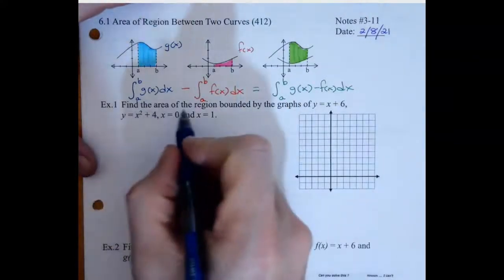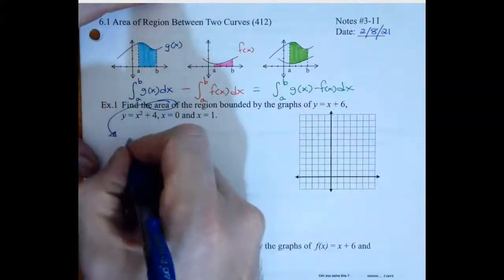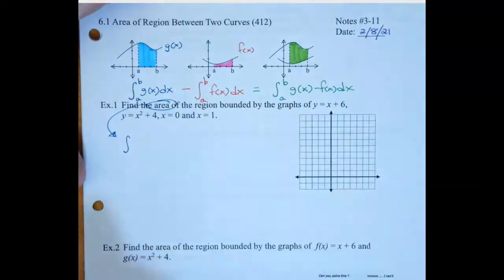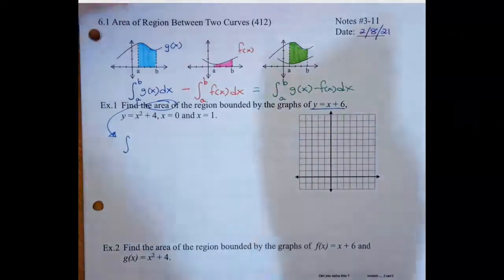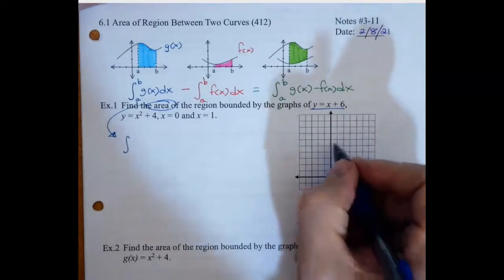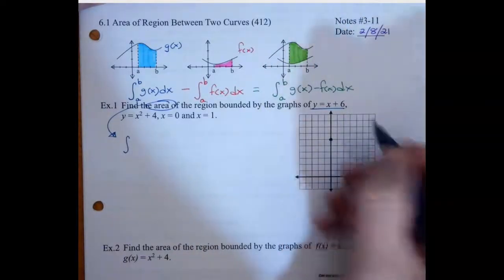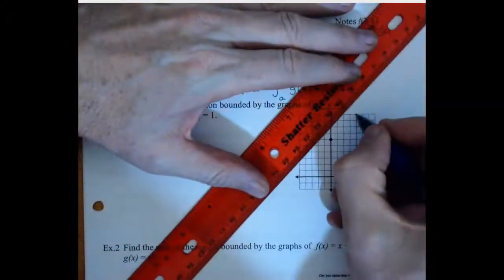So it says find the area of the region. So as soon as you see area, that tells you that we're finding an integral. Okay. So we're going to start with the line y equals x plus 6. So 1, 2, 3, 4, 5, 6 is the y-intercept, and the slope is 1. So that's going to take us up here.